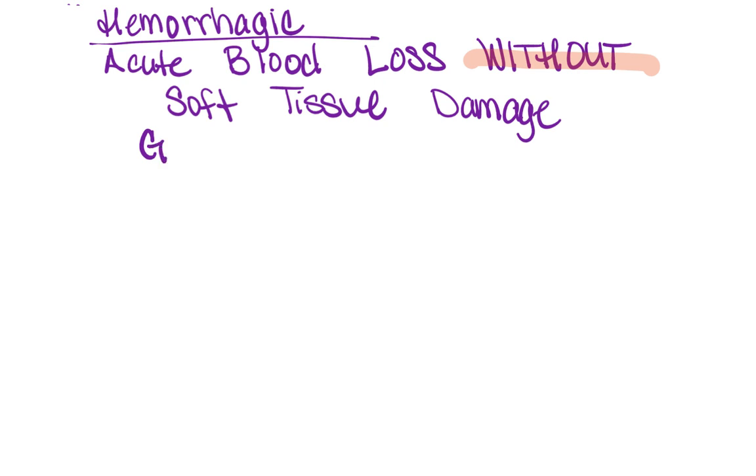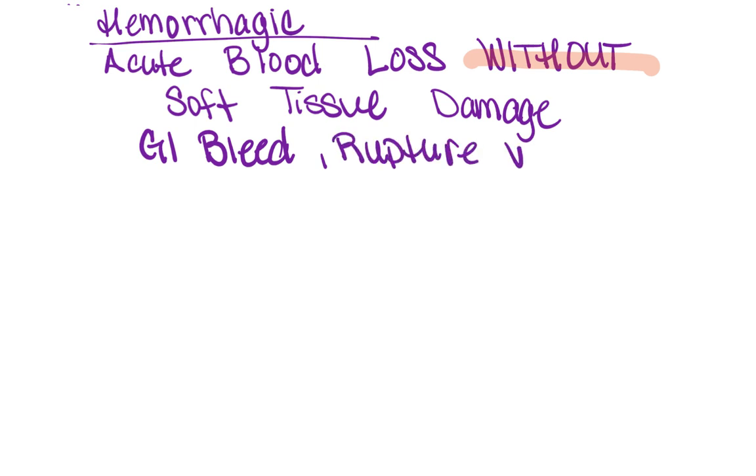A GI bleed, like a lower GI bleed, rupture of varices would be another example. So something that has no soft tissue damage. Ruptures of capillaries, so DIC would be an example of a hemorrhagic shock.